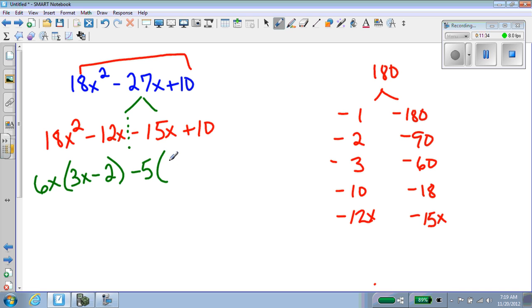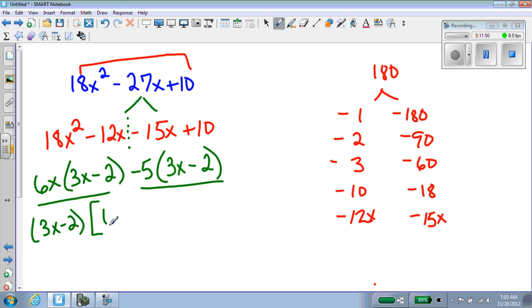So if I factor out the negative, this is going to become 3x. And if I factor a negative away from a positive number, it becomes a negative number. So now I've got two terms. They have 3x minus 2 in common, leaving 6x minus 5. So this is 3x minus 2 times 6x minus 5.